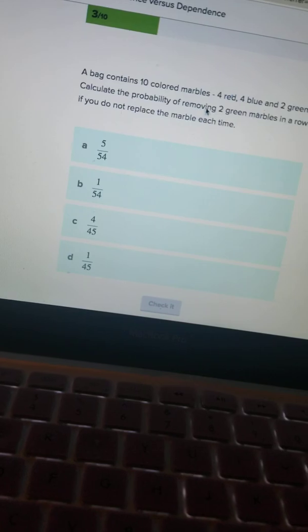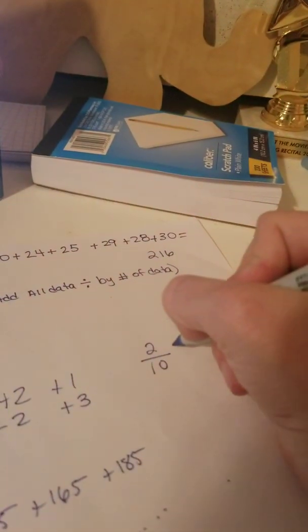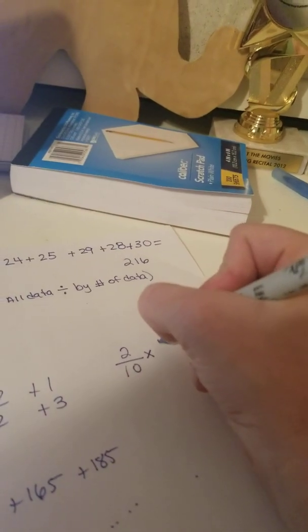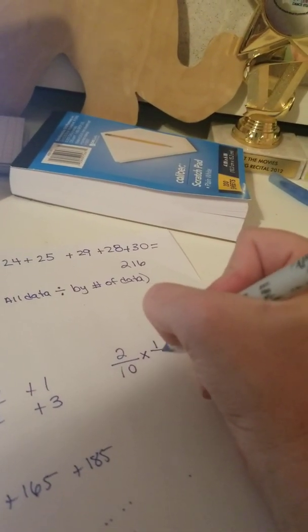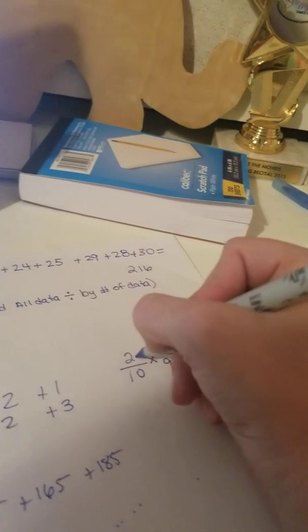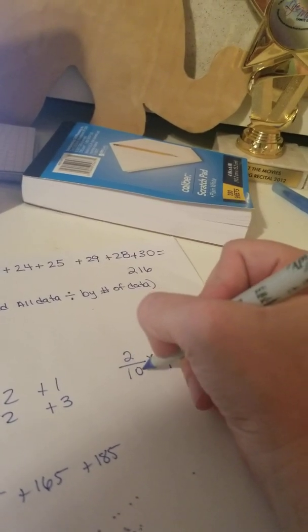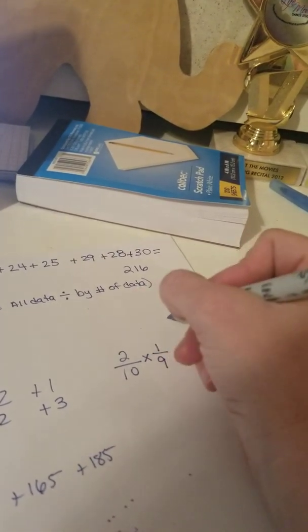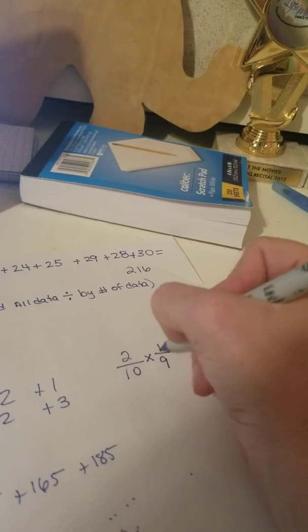The probability of removing 2 green, we're going to multiply. The first chance we had was 2 out of 10, but then if we took it away, the next time we'd only have 1 green out of 9 marbles.